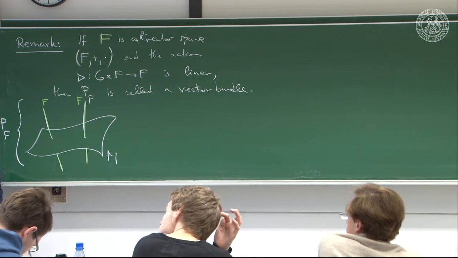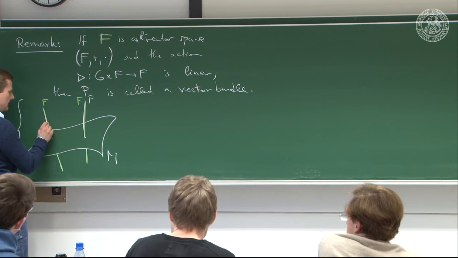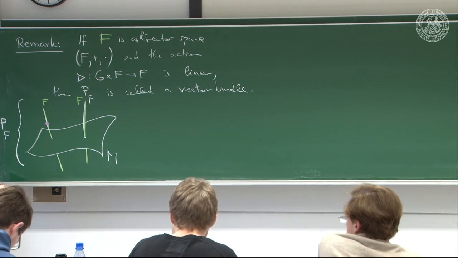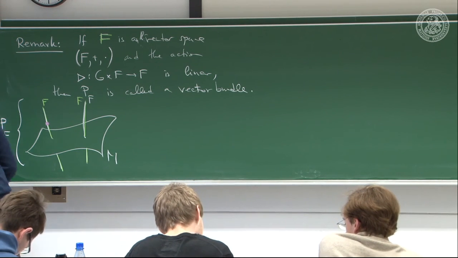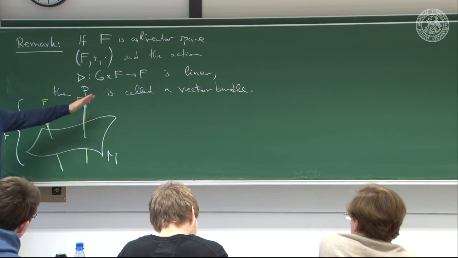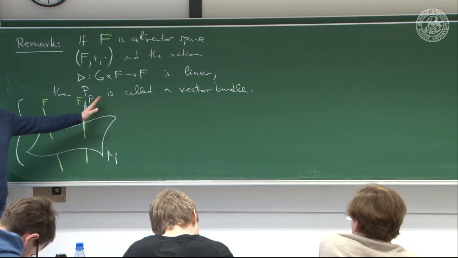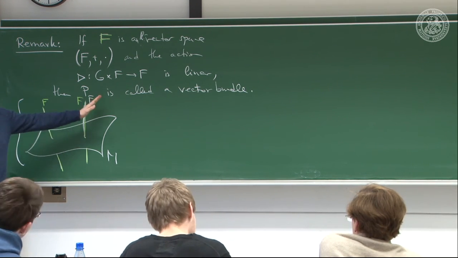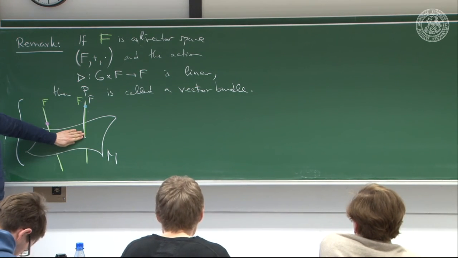What you can now do is take a point here, and take a point over there. For instance, you could consider a section of this vector bundle. A section of this vector bundle would be an F-valued field on the base manifold.